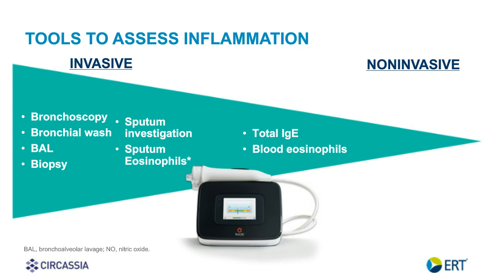You can do sputum investigations and sputum eosinophils. Again, difficult to do because of standardization. You need the right personnel who know how to do the procedure, who can count the procedure. You have to standardize everything very, very clearly. You can also do total IgE or blood eosinophils, but they may not be the best correlates with some of the asthma measures you may be measuring. And then we have the new one called FeNO.